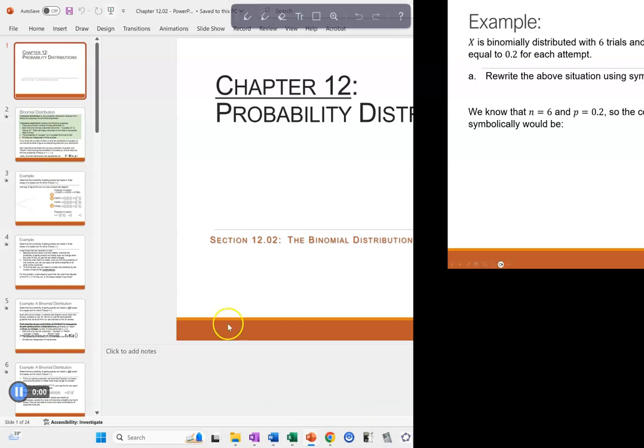So we know that n is 6 and p is 0.2. So we can write this situation as X tilde B(6, 0.2). Everybody's okay with that? So if I ask you to write the binomial distribution, that's what we're talking about doing. Pretty straightforward, right? You're just plugging in n and p into a form.